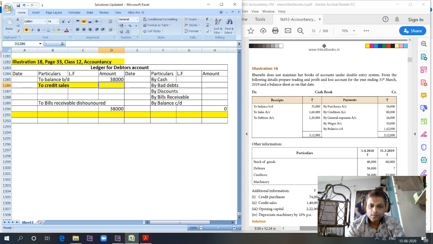Beginning balance 38,000. Then we have sales 1,60,000. This is not a missing figure here. Then cash received from debtors 1,20,000.